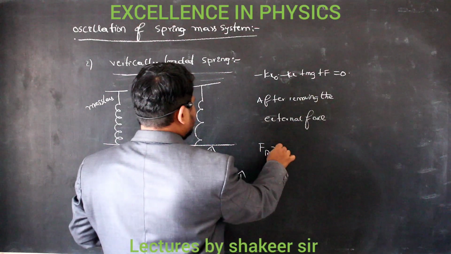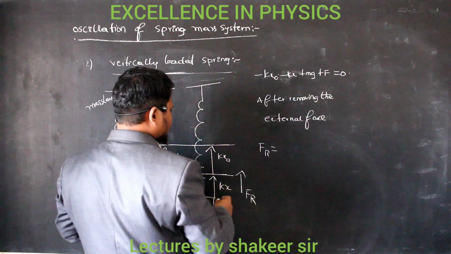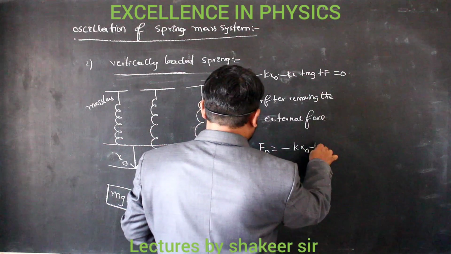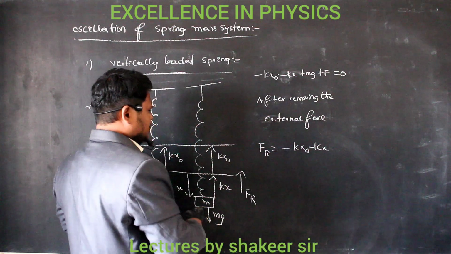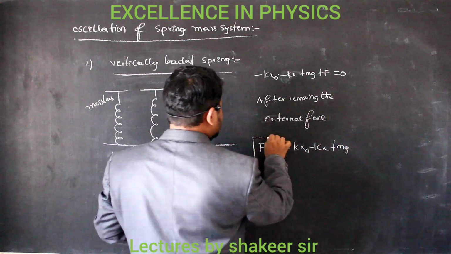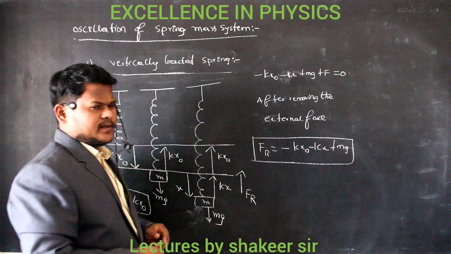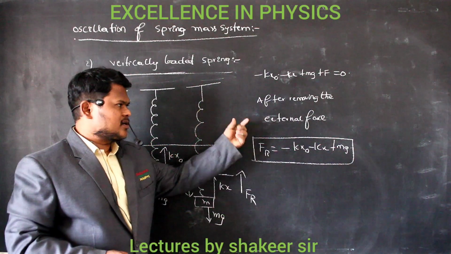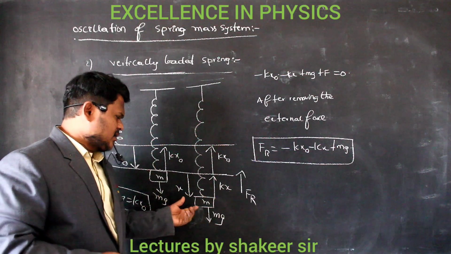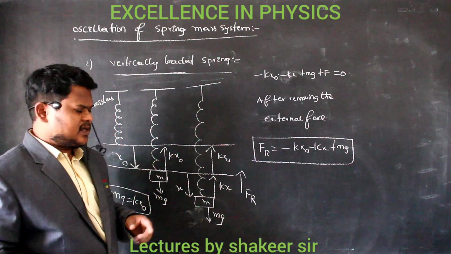How can I calculate this one? So the restoring force will be, these two forces are in upward direction, no? Their direction I will consider to be negative. So minus kx naught minus kx, and this mg is in downward direction, so plus mg. So this becomes the restoring force which is acting. Clear? This is in which condition? After removing the external force which is responsible for elongating this spring by a displacement of x. Clear? Okay.